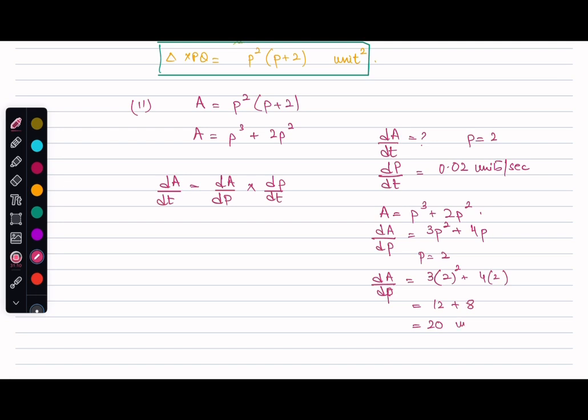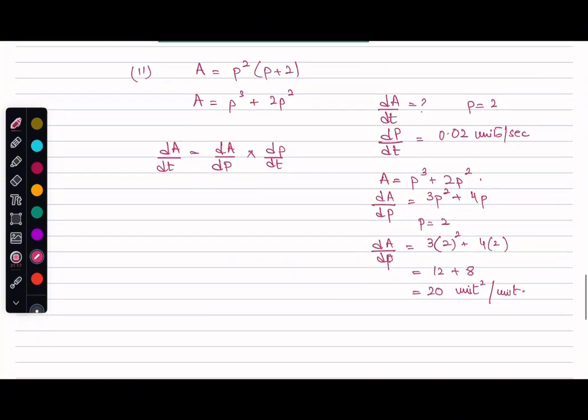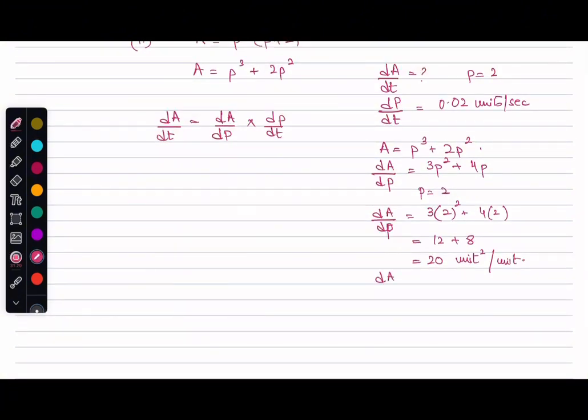Area is obviously in units square, and P is also in units. Therefore the rate of change of area with respect to P has units of 20 units here. So in the connected rate of change equation, dA by dt, I can substitute my dA by dP, which is 20, and dP by dt, which was already given as 0.02.